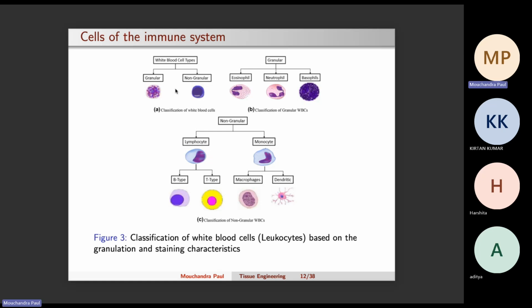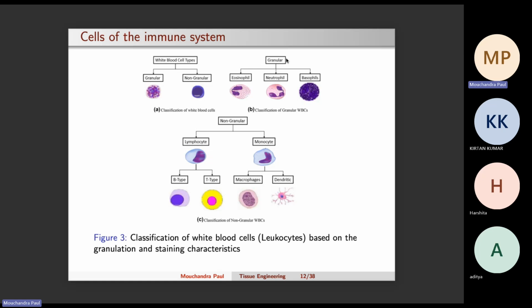So what are granular cells? Those cells which, under the microscope, look like there are small packets of something floating around in the cytoplasm. People call them granules, so cells having granules are called granular cells. Whereas cells which look relatively plain under the microscope, with nothing floating in the cytoplasm, are called non-granular cells.